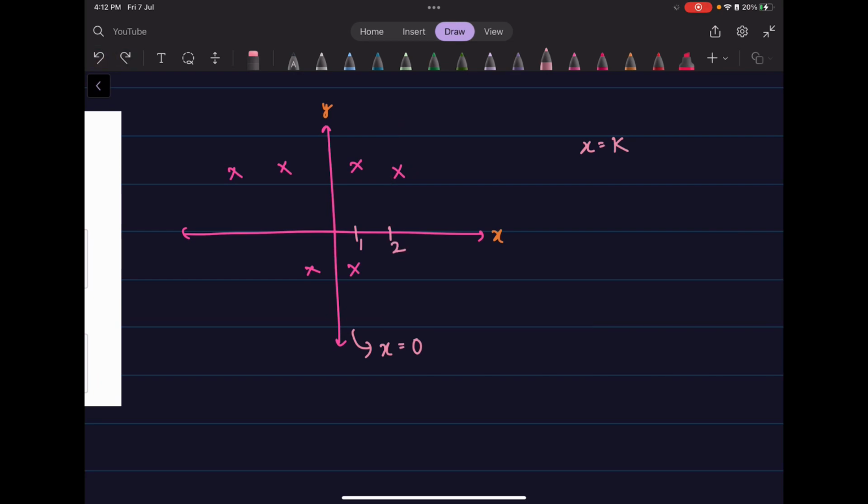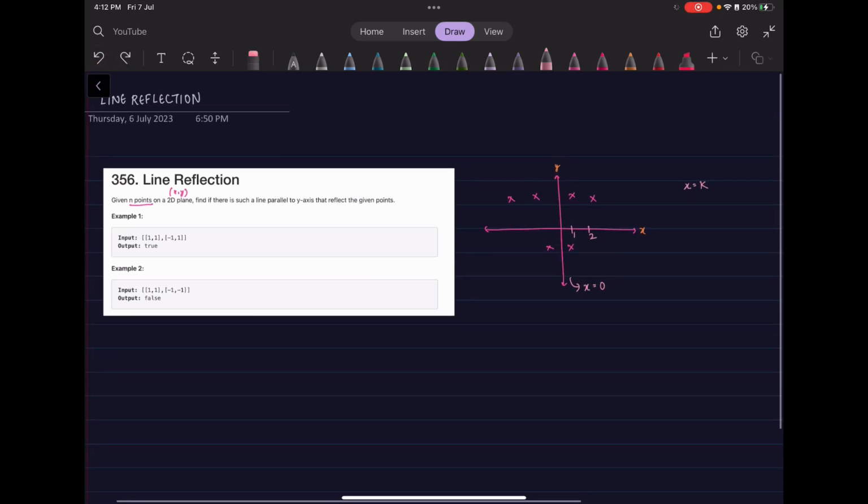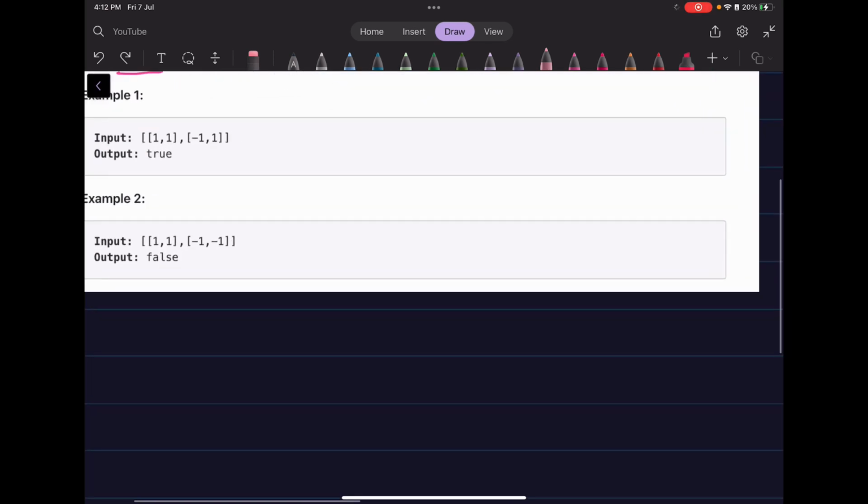Okay, now going forward, let's take an example, and then see how we can go about solving this problem.